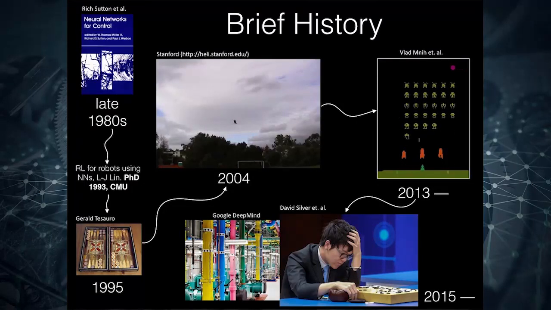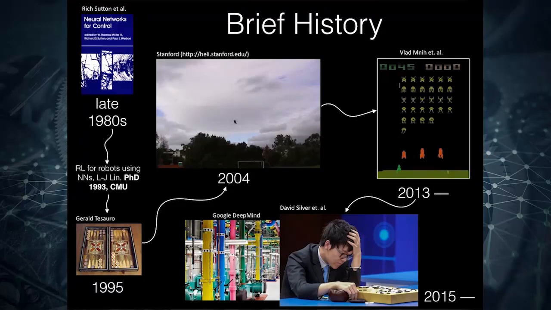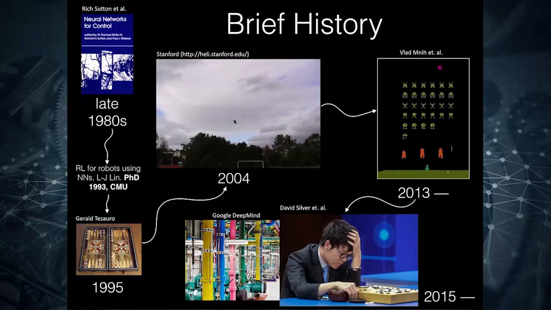And also RL has been taken to wilder problems, more real-world problems, mostly robots, but also some works going on in the domain of data centers for energy efficiency, controlling the cooling apparatus.